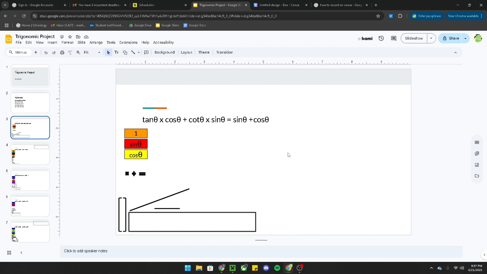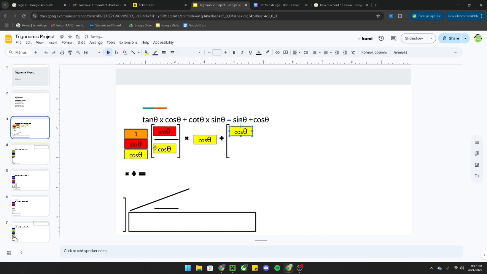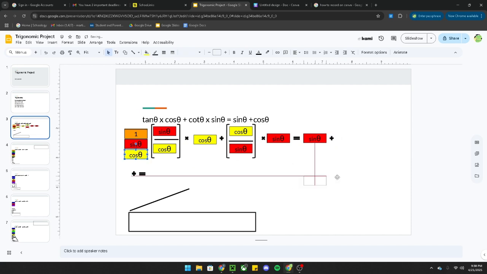It, and all my work is going to be simplified. So breaking it down, you have tangent, which would be broken down into sine over cosine times cosine plus cosine over sine times sine equals sine plus cosine.